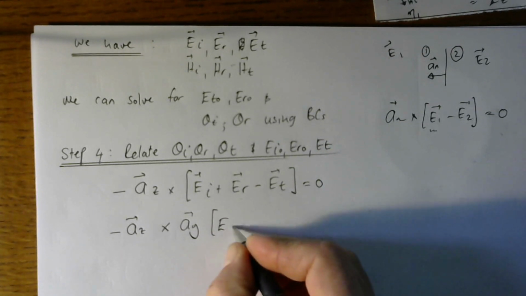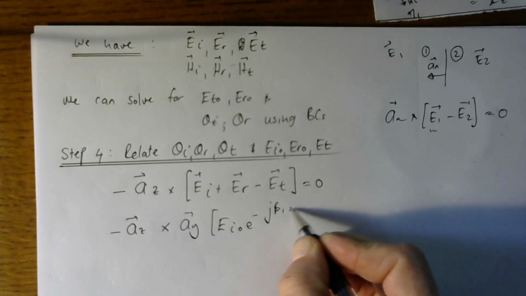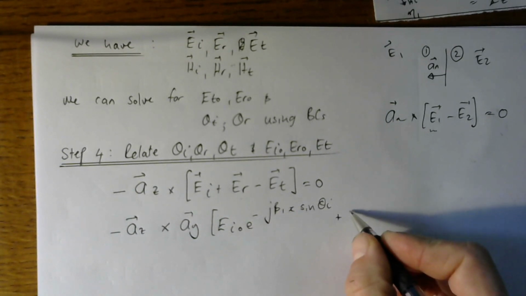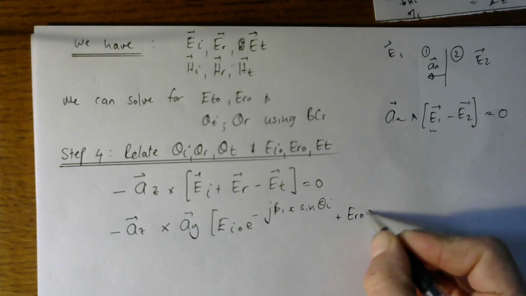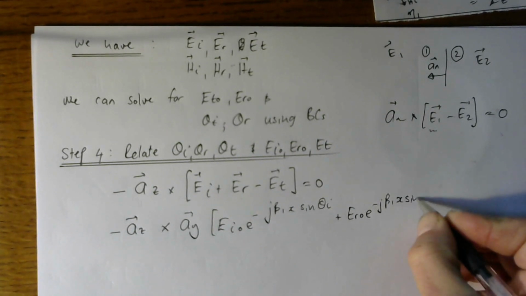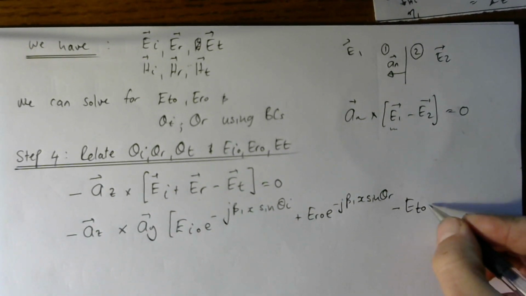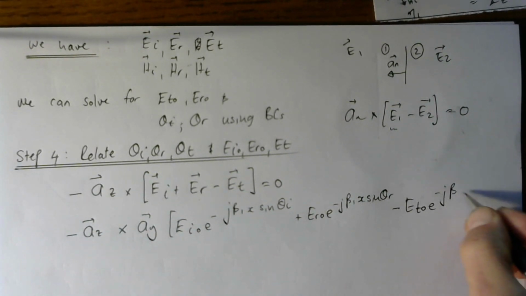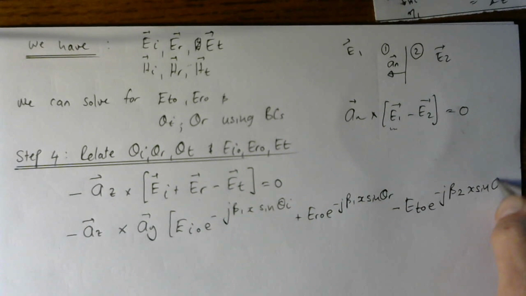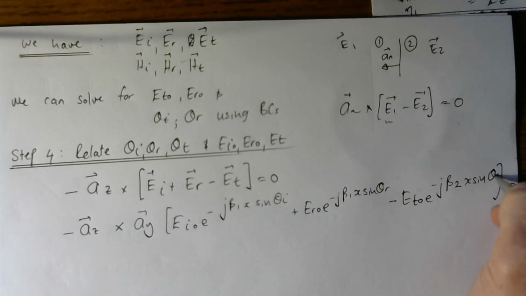So I have EI0 e to the minus j beta 1 x sine theta I plus ER0 e to the minus j beta 1 x sine theta r minus ET0 e to the minus j beta 2. Remember, these little subscripts are important. X sine theta t is equal to 0. Sorry, space got a bit cramped over here. That's a t. That's theta t.